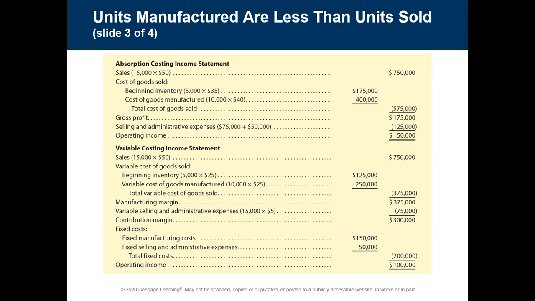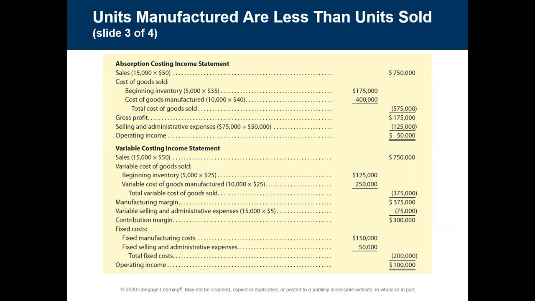But up here under absorption, we are not only getting the cost of goods sold expense from all the ones we produced this period and sold, but we're also getting some cost of goods sold expense from the ones we produced in the previous period that had that fixed cost rolled into them. So we end up with more expense under cost of goods sold, and so our net income is lower.